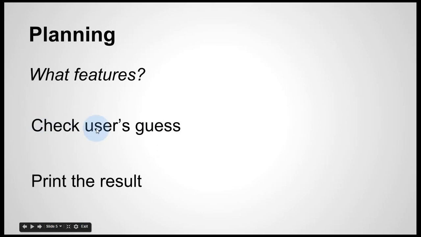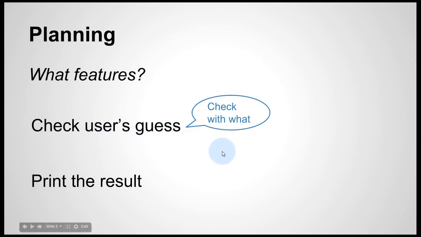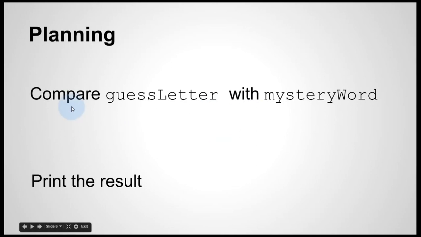But this thing is not very clear because check user's guess, then check with what? So we want to check the user's guess with the mystery word, right? Basically, this means comparing the guess letter with the mystery word. The same thing can be said about print result, because what results do we want to print here?